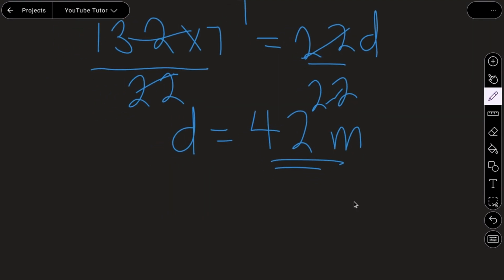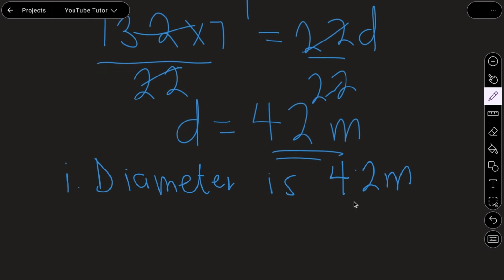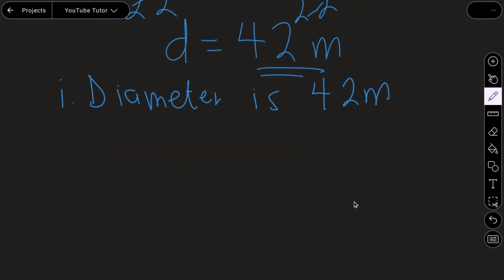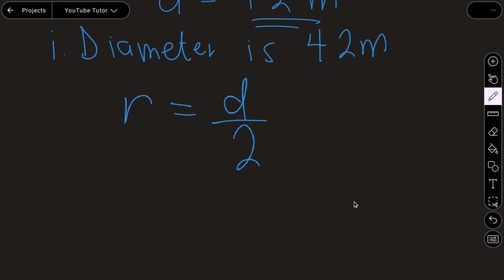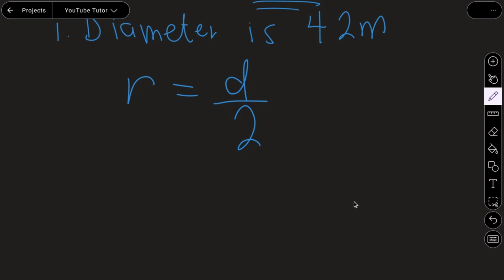So now we can clearly state that the diameter is 42 meters. Now, finding the radius has a formula which is r equals d, which is diameter, on 2. So basically, whatever you get for the diameter divided by 2 should give you the radius.